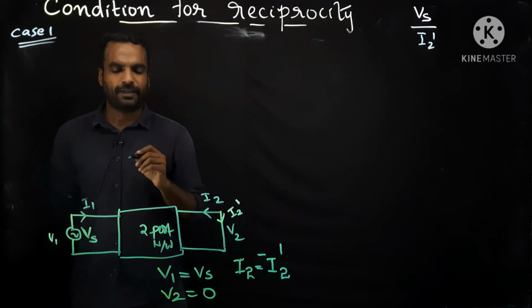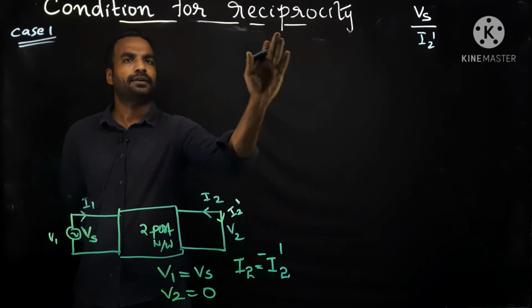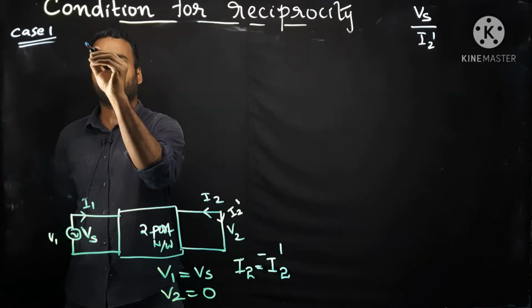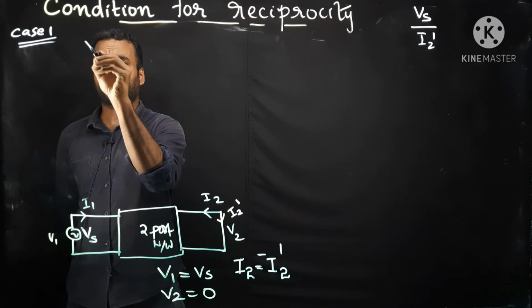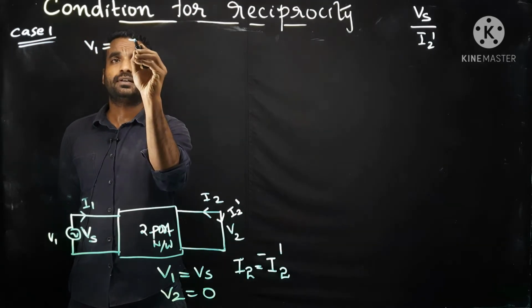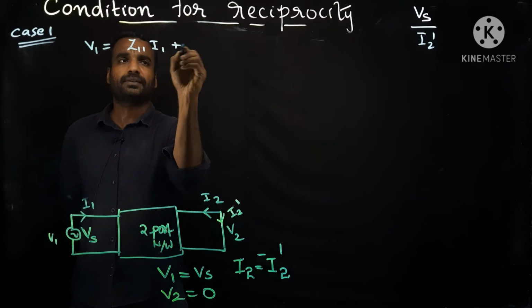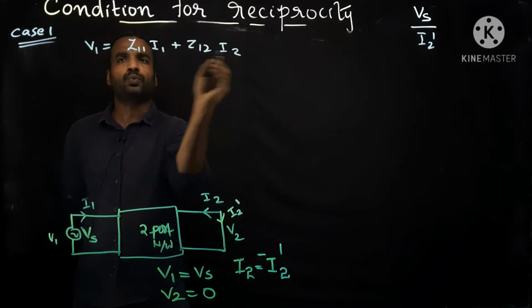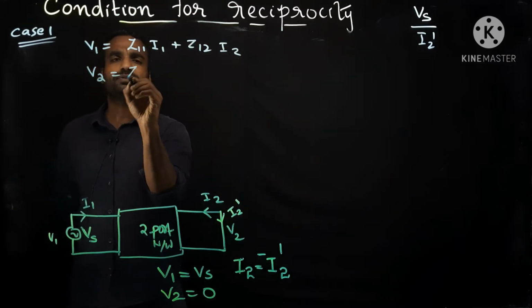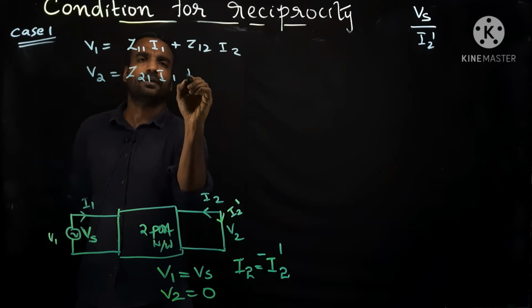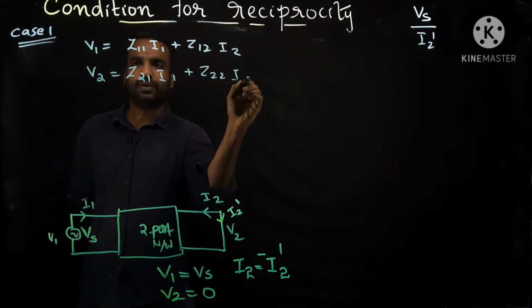Then let me write what V1 is based on the Z parameters. V1 is equal to Z11 I1 plus Z12 I2, and V2 is equal to Z21 I1 plus Z22 I2.